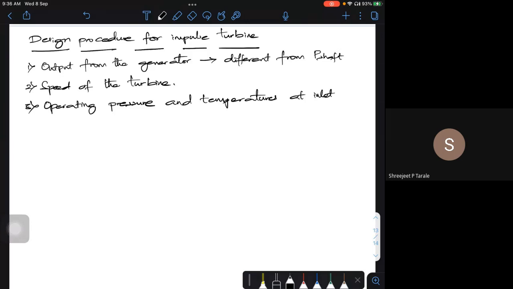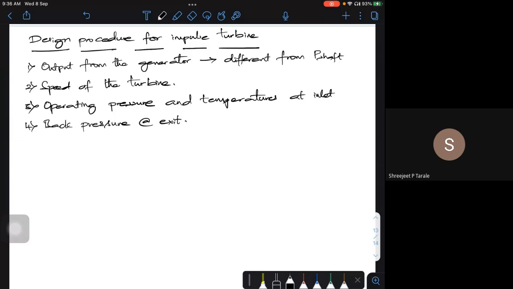And at the same time, your exit pressure or the back pressure. So at exit, this also becomes critical. So these are the four major points which are very much important when you want to design maybe an impulse turbine.